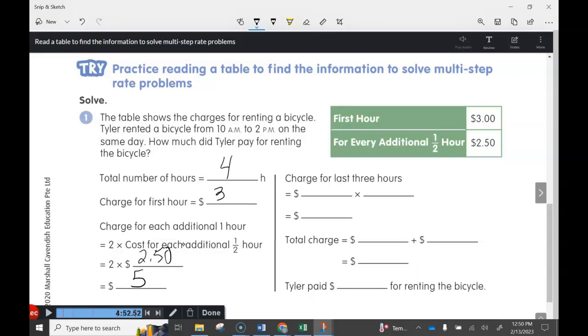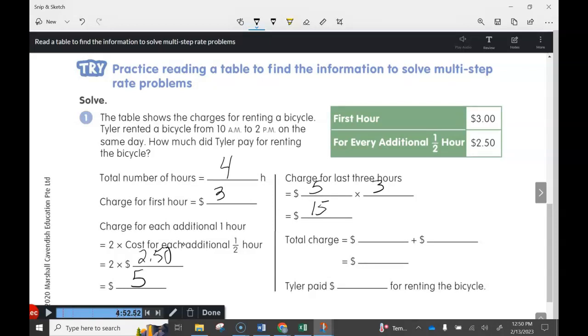So figuring out how much it is for an hour is important for this, since we have 4 hours that we're dealing with. So we can figure out the charge for the last 3 hours. So again, remember, rented it for 4 hours, first charged $3 for an hour, and then $2.50 after that. So we take the $5, multiply it by 3, and that's going to give us $15 there.